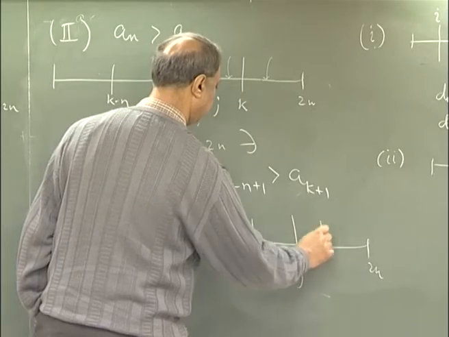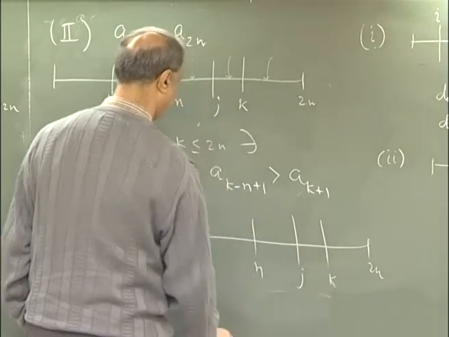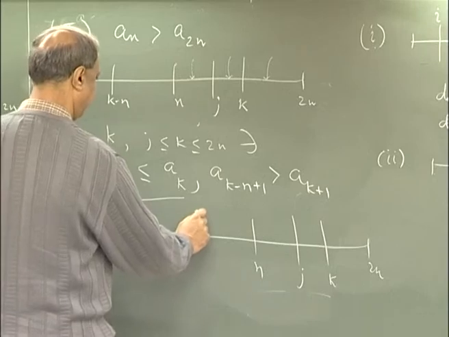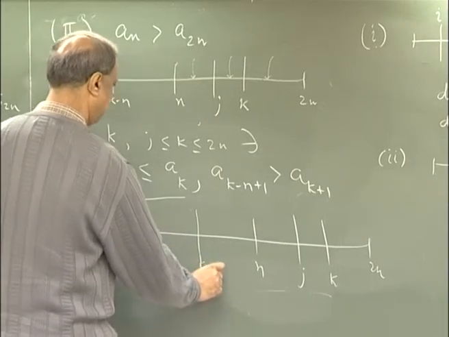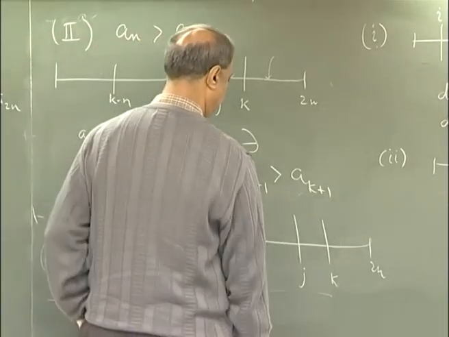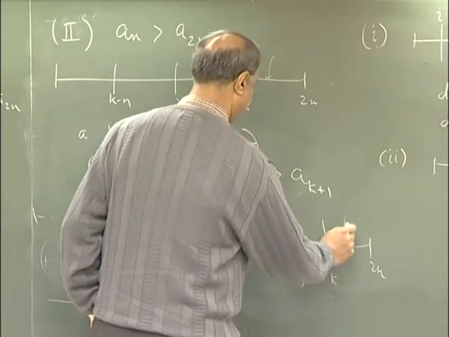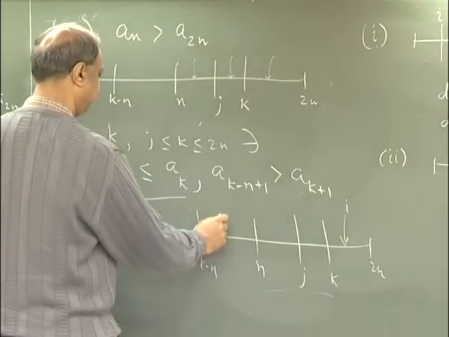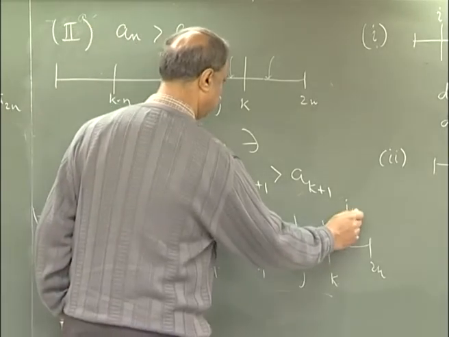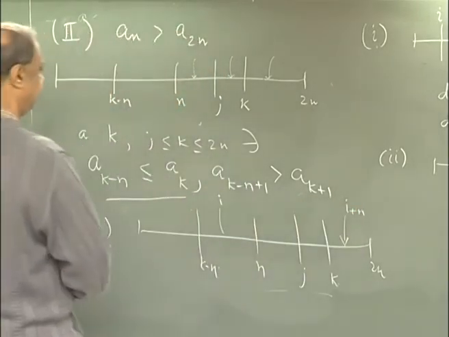Third case is your J, your K, K minus N, your i is lying here. So i is here.